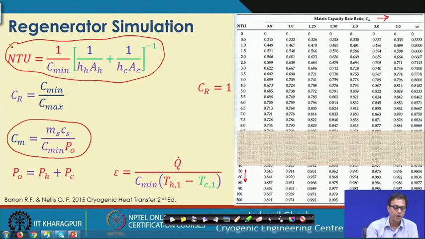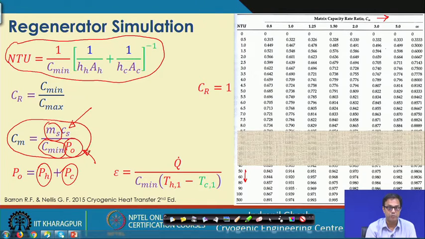Now, in order to get a high value of the CM or the matrix capacity rate ratio, you can understand that we should have a large mass of the matrix. We should also have a large value of the Cs. C min is basically process dependent, we do not have much control on that, and P 0 is again the time period, it comprises the hot and cold fluid time period. So, here this P 0 should ideally be smaller.